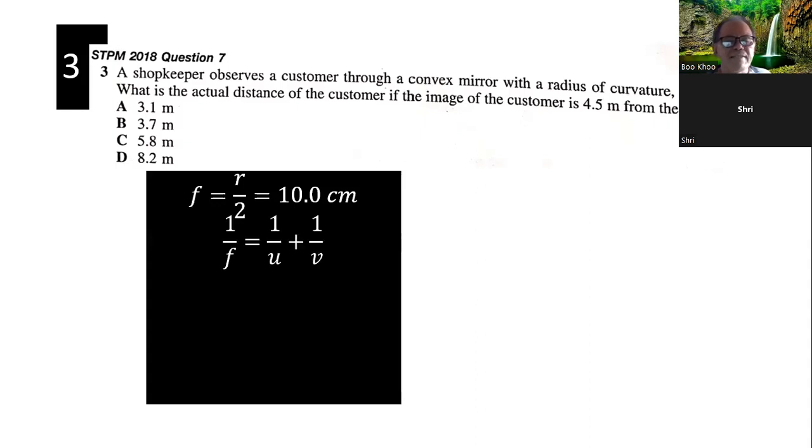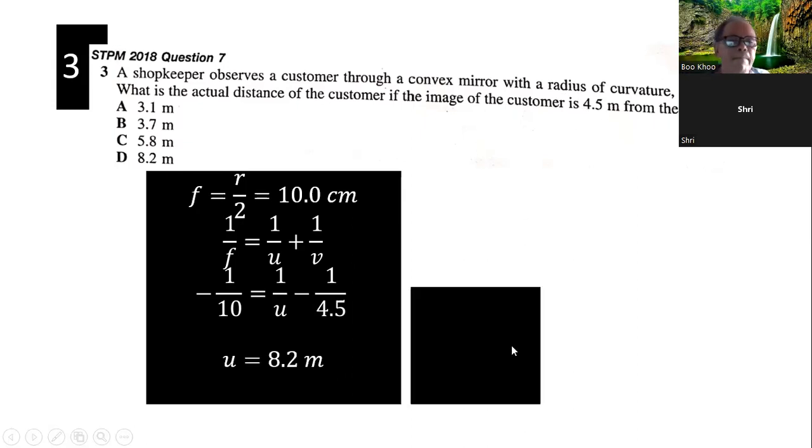Right. Find your focal length. Use your mirror formula. Right. Focal length, remember, is negative because it's a convex mirror. And 1 over u. Right. It's minus because it's virtual. That's your image distance. Okay, Donkey, good.